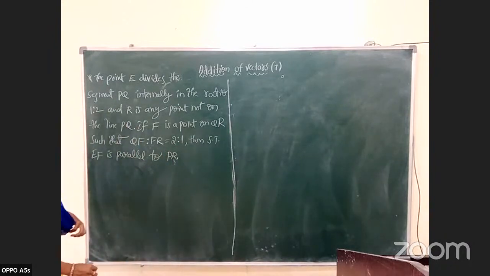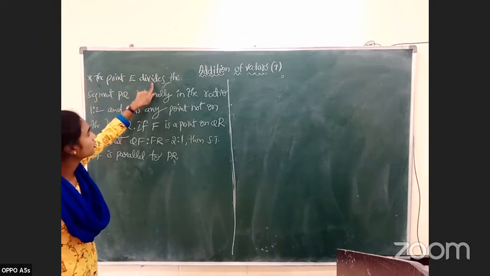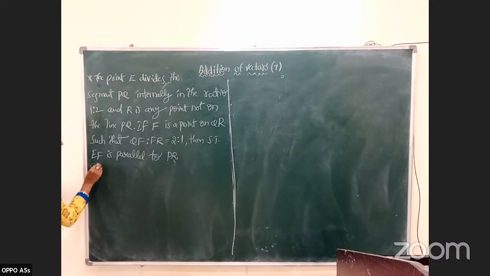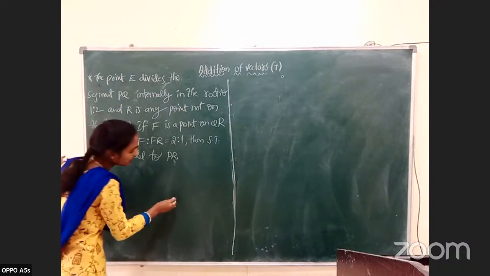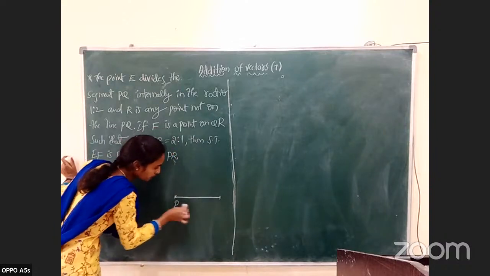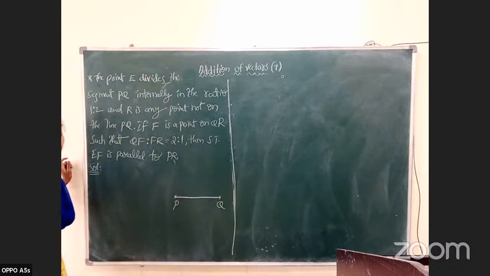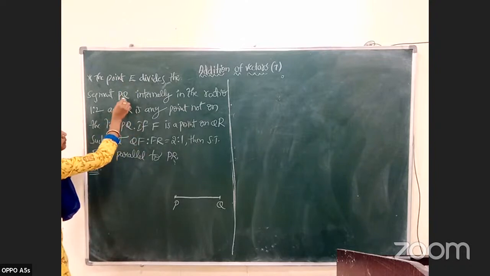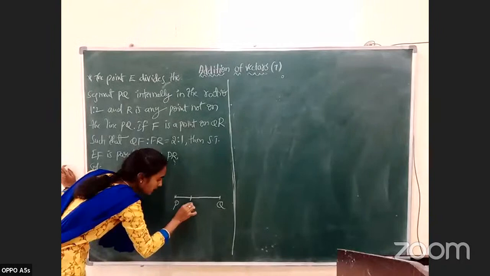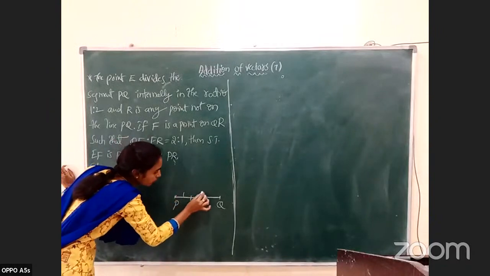See, the problem is to give a point. The point E divides the segment PQ internally in the ratio 1:2. So take a segment PQ, and the point E divides PQ internally in the ratio 1:2.